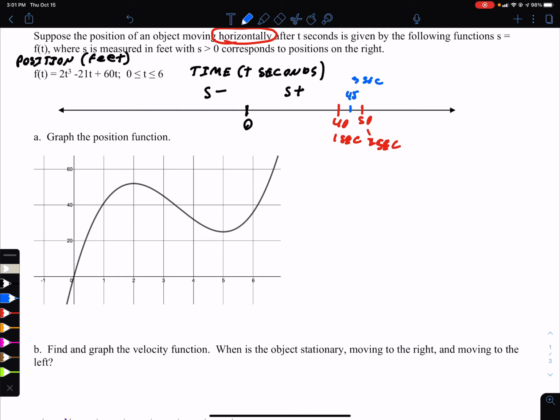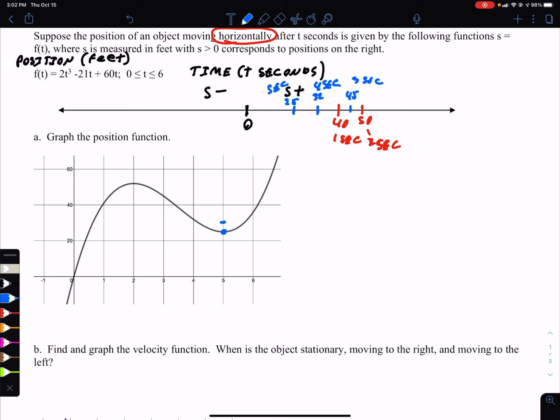I'm going to make up a number. That looks like about 32. And that's after 4 seconds. And then let's look at 5 seconds. Right there. Looks like 25-ish. So I'm going to put a 25, and that's going to be 5 seconds.